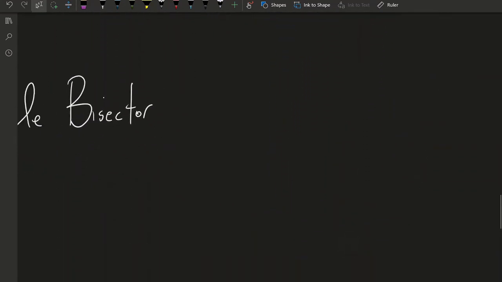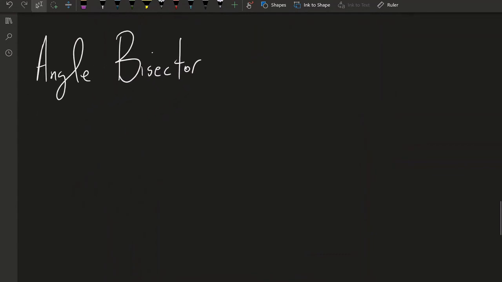One more idea is an angle bisector. Now, if you remember, the word bisector means that it cuts into two congruent pieces. When something gets bisected, it gets cut directly in half.